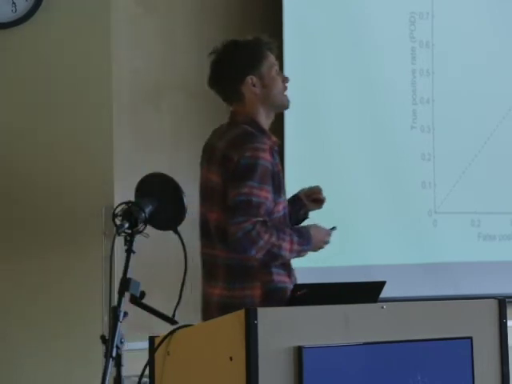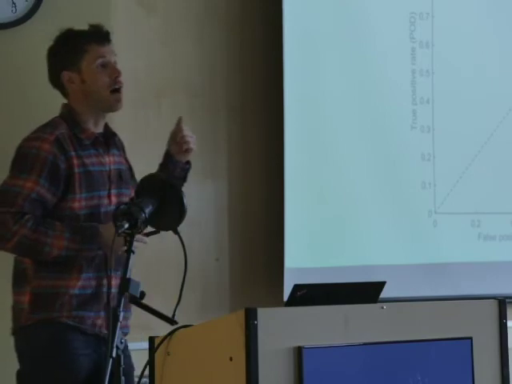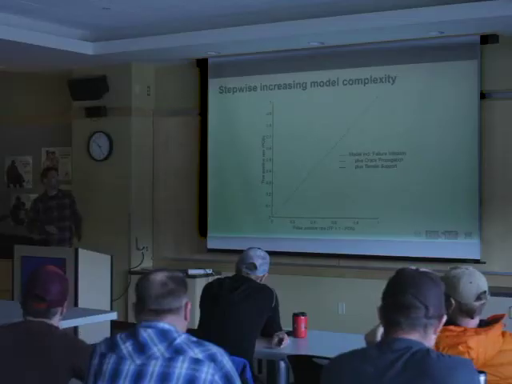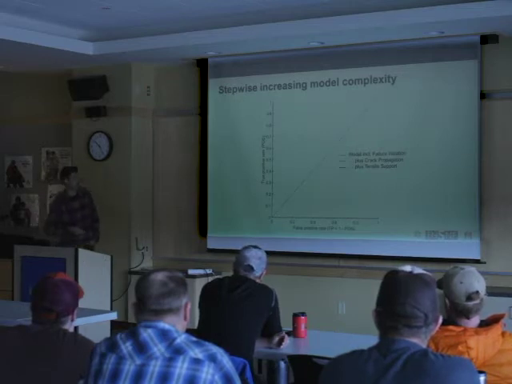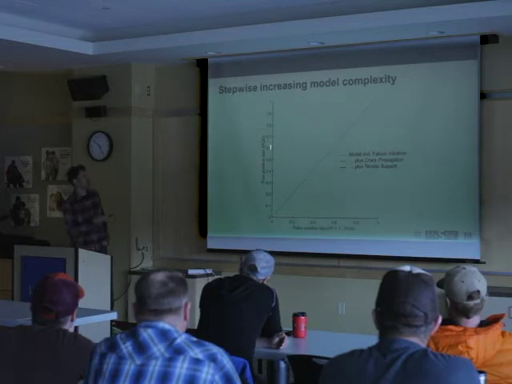Let's do some statistics now and see how well these models really perform. And statistics for models can be done in ROC space, so it's a receiver operating curve that we're looking at. And here on this axis, you see the true positive rate, which is nothing but the probability of detection.